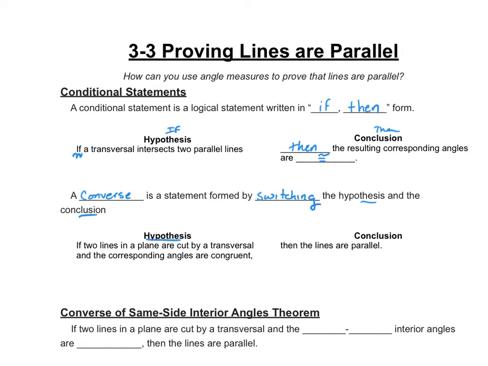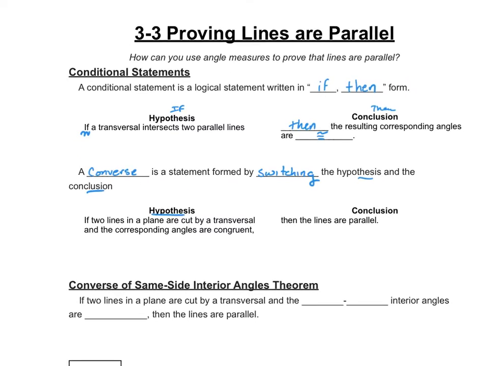So here we go: if two lines in a plane are cut by a transversal and the corresponding angles are congruent, then the lines are parallel. See, we have a switching of the hypothesis and conclusion. So conversely, it reverses the if-then statements, and they can still turn out to be true.